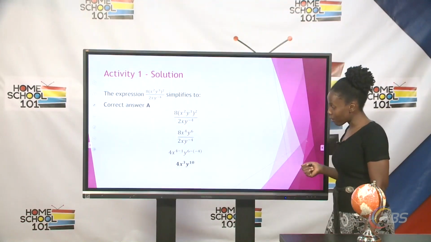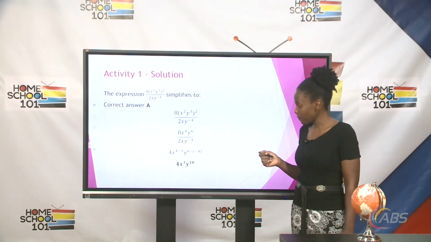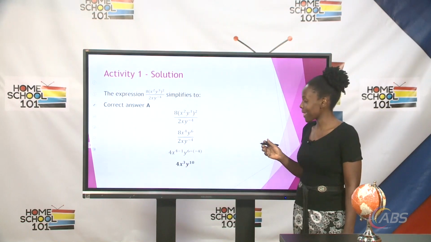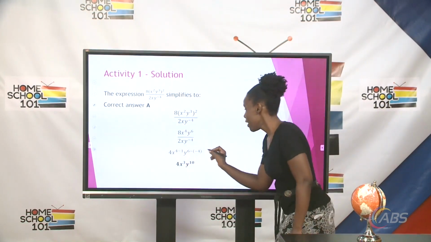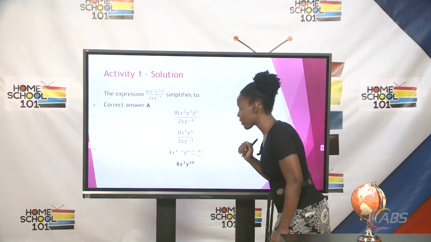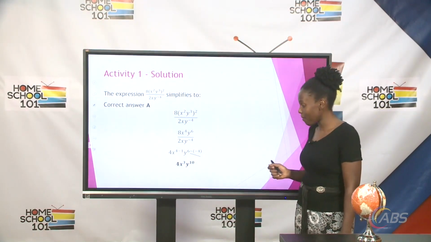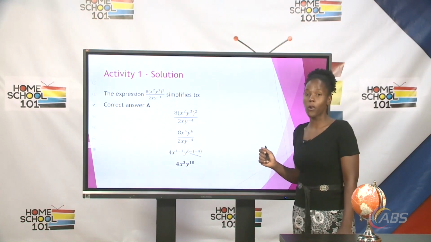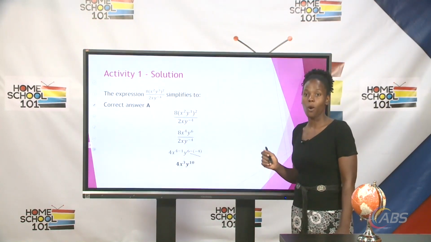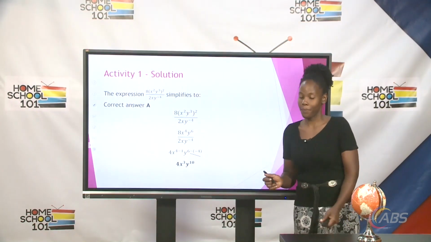So it becomes x to the power 4 minus 1, y to the power 6 minus negative 4. So pay close attention to this. Minus minus, a negative times a negative would give me a positive. Hence, it becomes 4x to the power 3, y to the power 10.